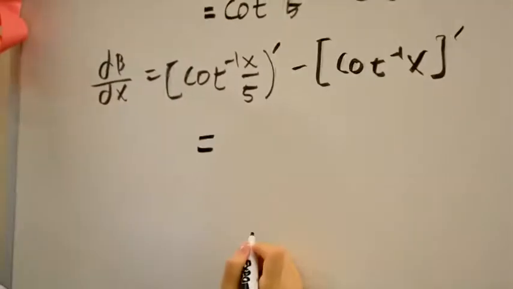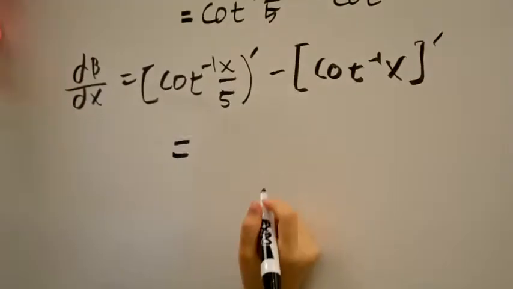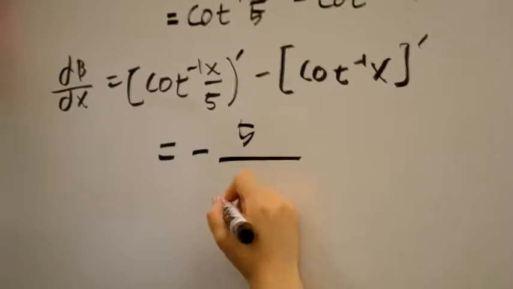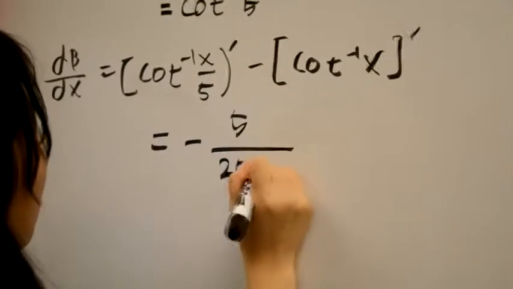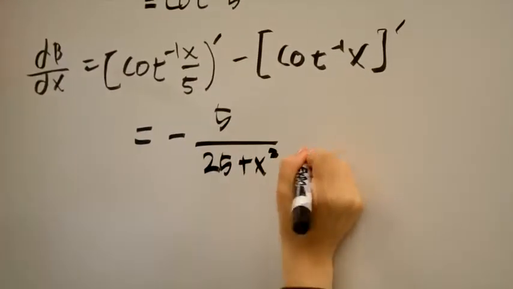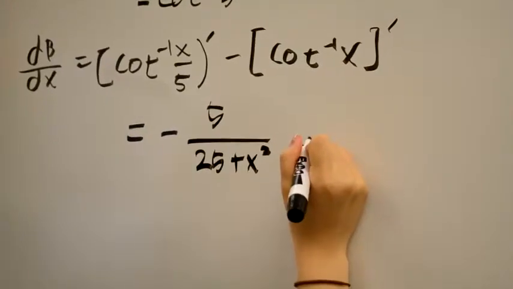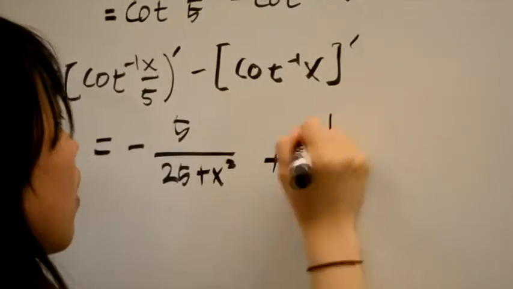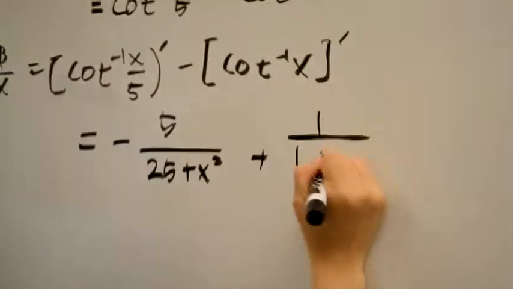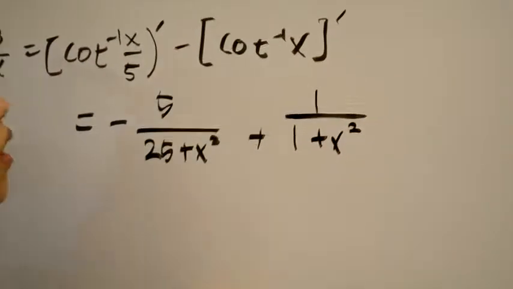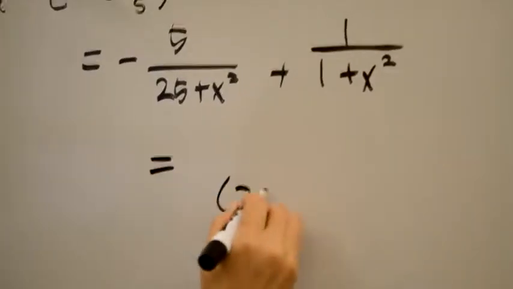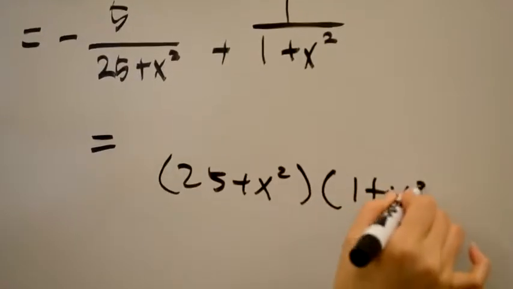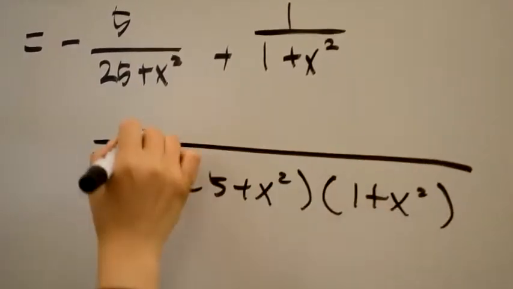It's very simple once we have each derivative. We're just going to subtract one from another. Since the derivative of inverse cotangent x was negative, when you subtract a negative, it's positive.